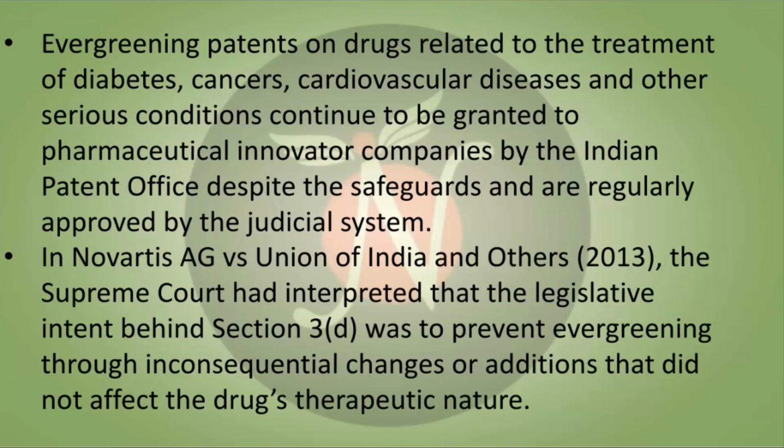Evergreening patents on drugs related to the treatment of diabetes, cancers, cardiovascular diseases and other serious conditions continue to be granted to pharmaceutical innovator companies by the Indian Patent Office despite the safeguards, and are regularly approved by the judicial system.